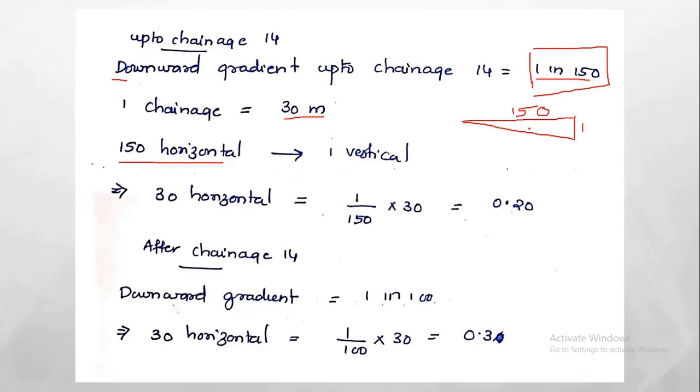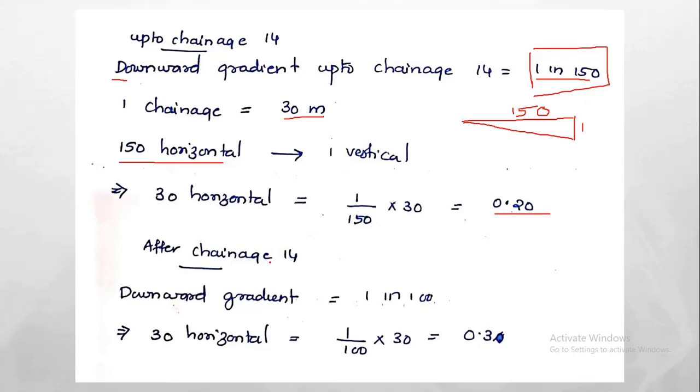So 150 units horizontal, there will be one vertical difference. Okay, so for one chainage is 30 meter. That means for 30 horizontal, the difference will be 0.2, right? For 150 horizontal, as per the question, it was one vertical. So 30 horizontal, the value will be just 0.2.